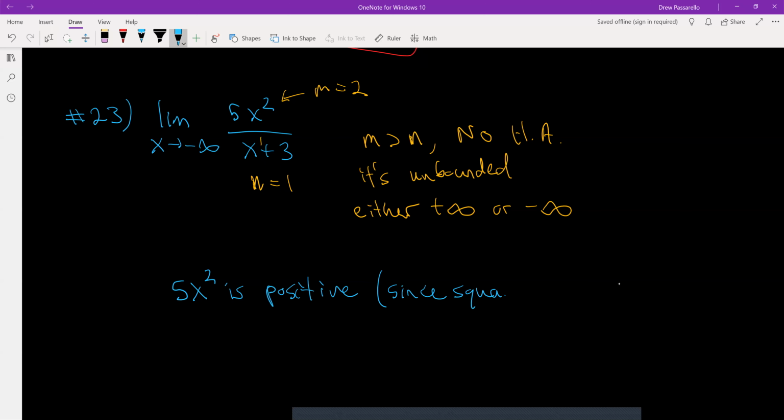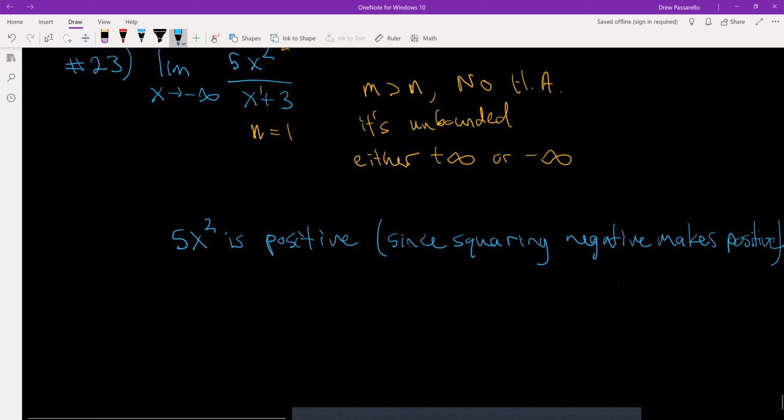So whatever the negative number is, it could be a really big negative number, it's just going to result in a big positive number since I'm squaring it for the 5x squared part. All right, so at least I know the top part's positive.